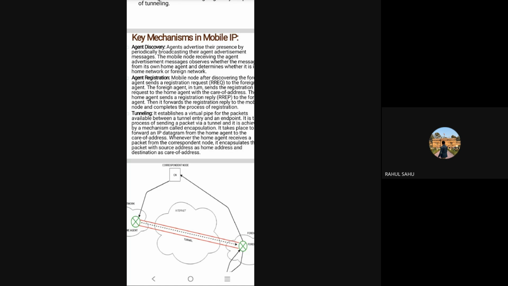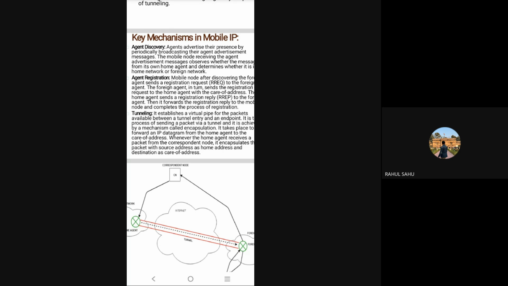That is, when you enter a new network, the foreign agent and the home agent have an agreement by sending a COA, care of address. And the last, which is important, is tunneling.